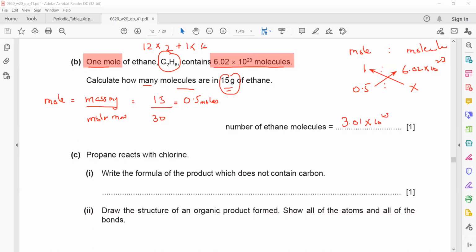What is the difference between mole and molecule? Look, for example, carbon dioxide, CO2.